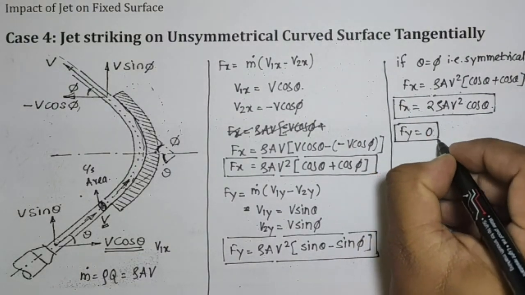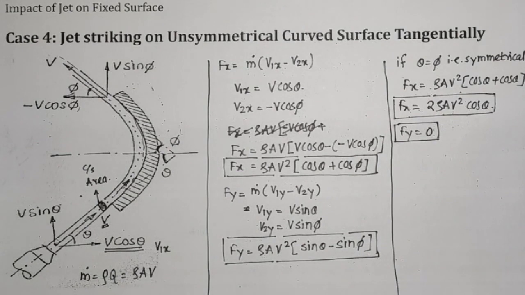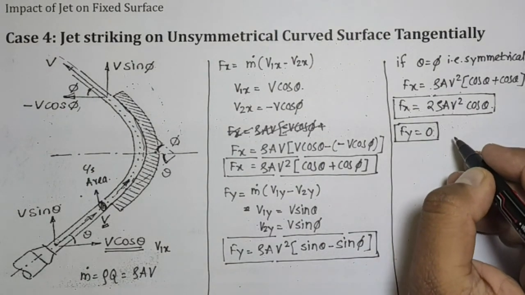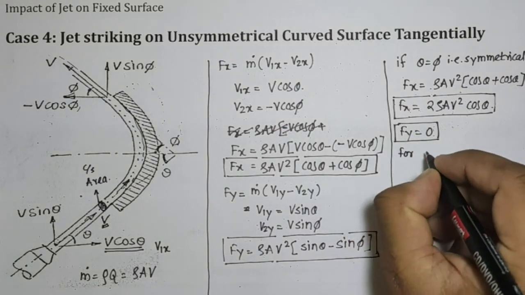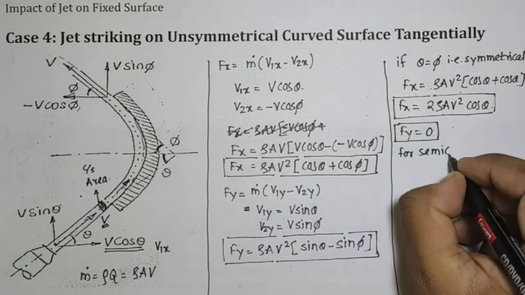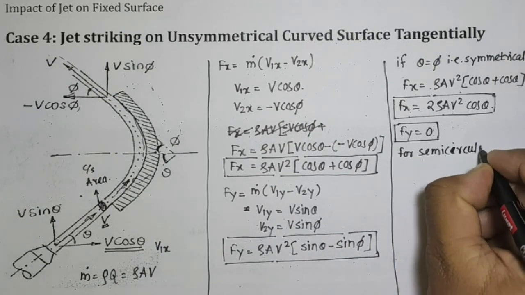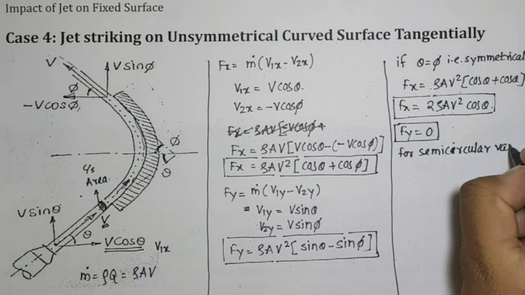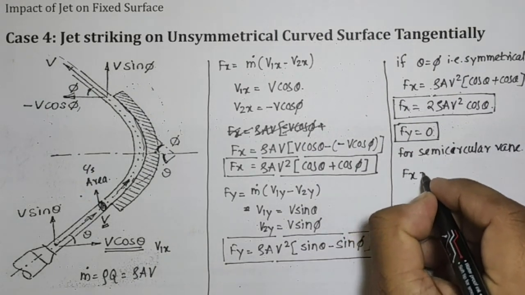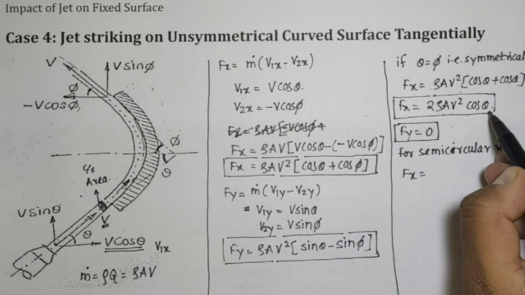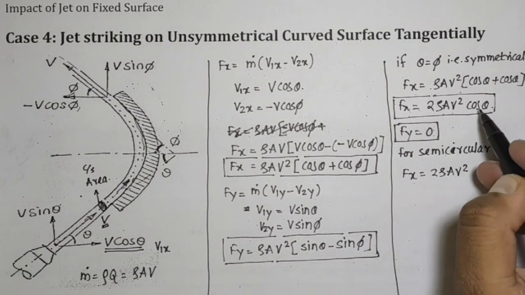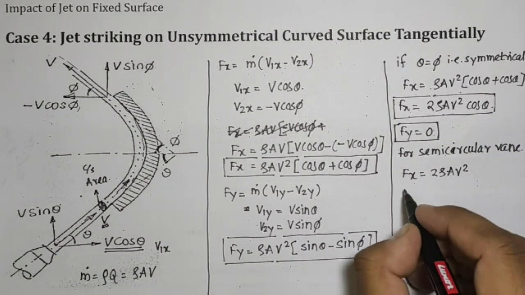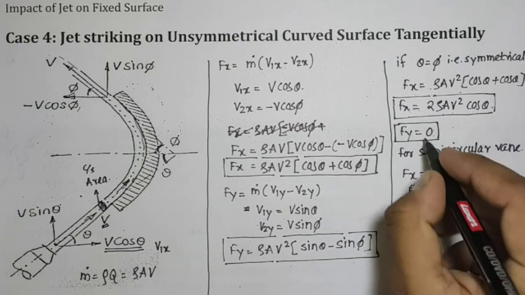So in that case no y force is generated; it is nullified. For a semicircular one, theta becomes 0, so Fx becomes 2 rho a v square, because cos 0 is equal to 1, and Fy remains 0.